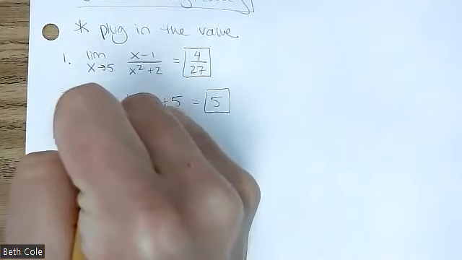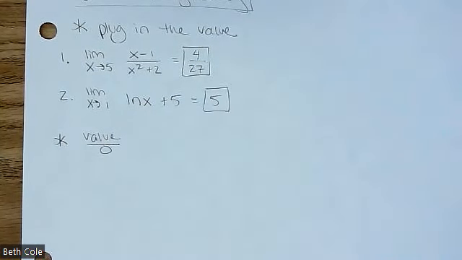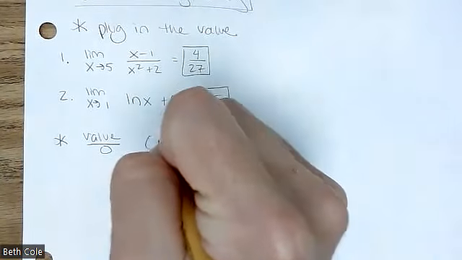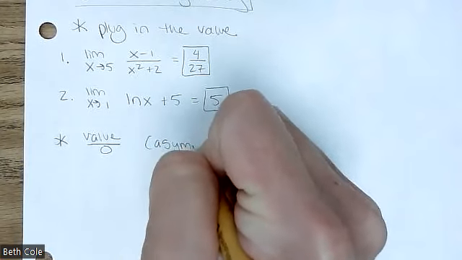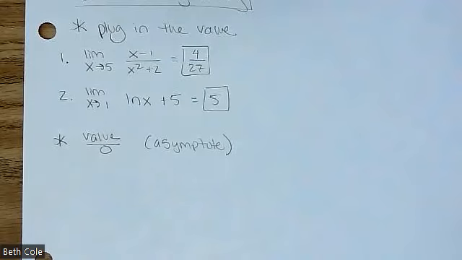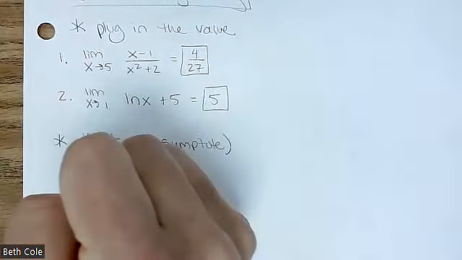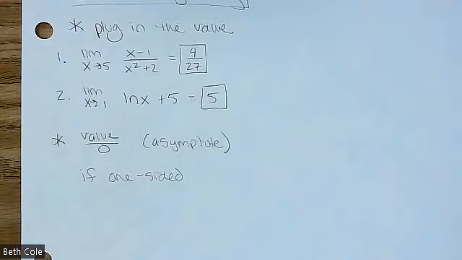All right, second method. If you get a value over 0, like 2 over 0 or 7 over 0 or 50 million over 0, that means there is an asymptote in your graph. If you get something divided by 0, it means you have an asymptote. If it is one-sided, you can get an answer.